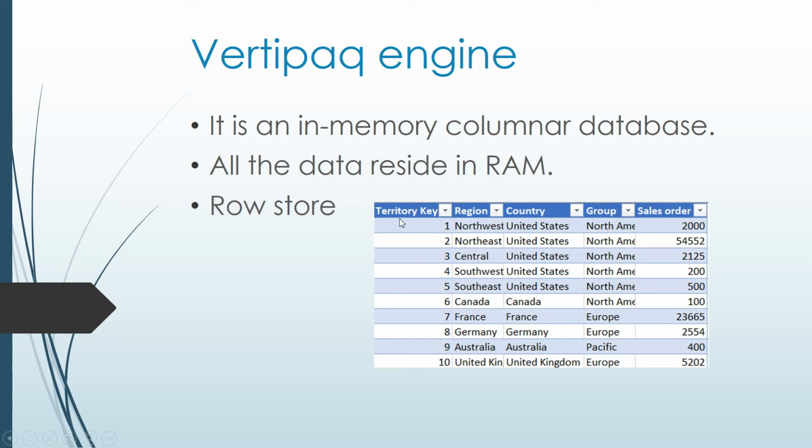So it will start sequentially from territory, region, country. These are the scans. First this column is scanned, then region, country, and then the group. In the group, we know that Europe is available. So you can see that we need to scan one by one to reach Europe. So there are a lot of IO operations involved in the simple structure.